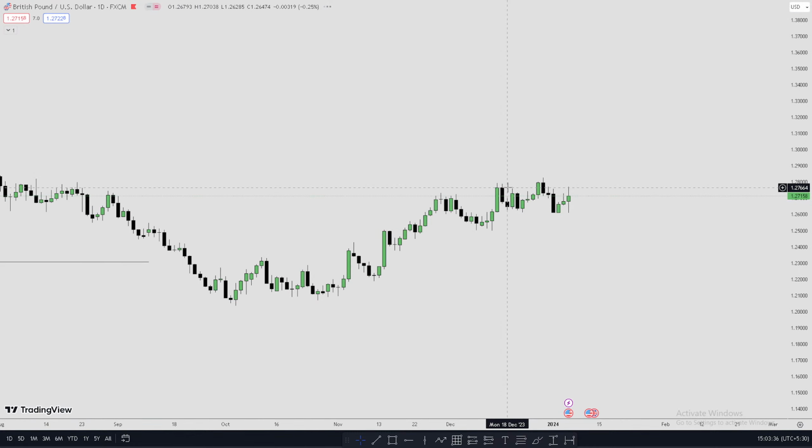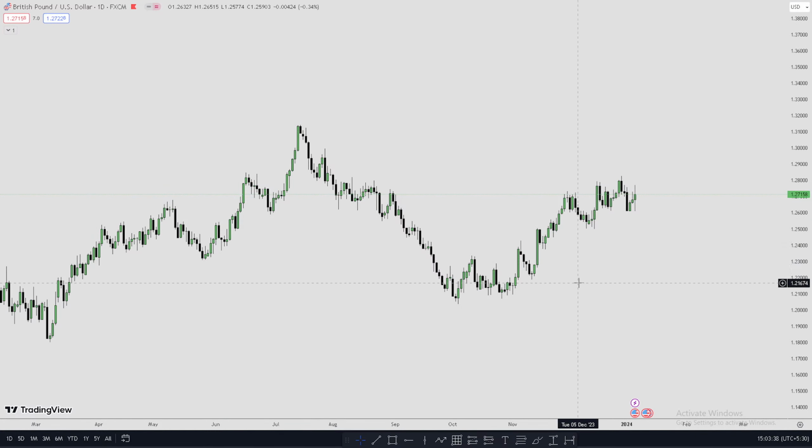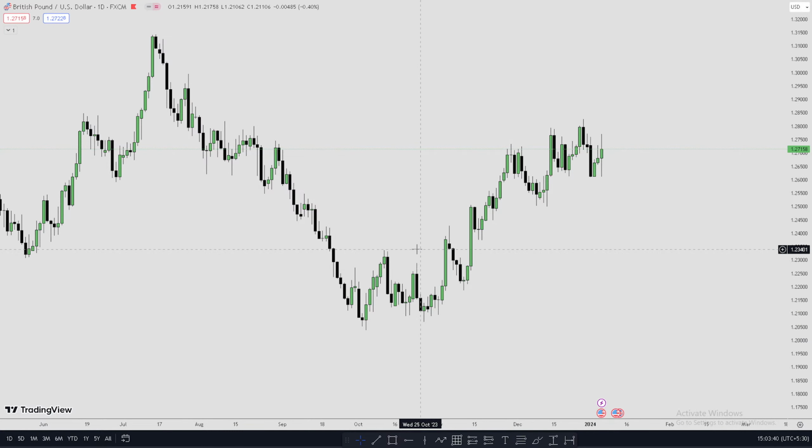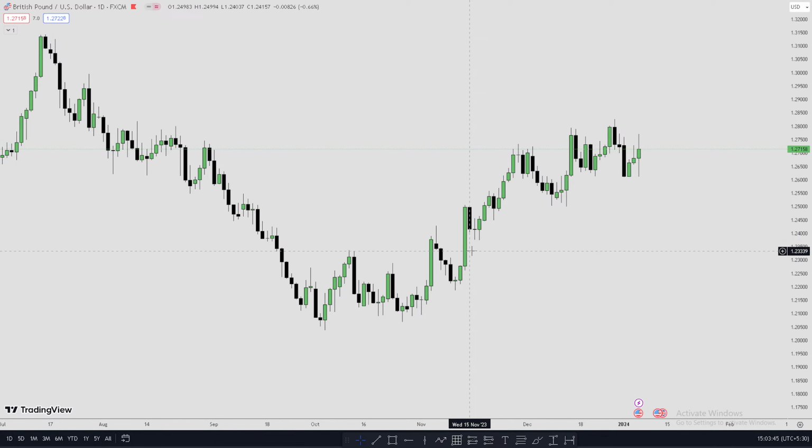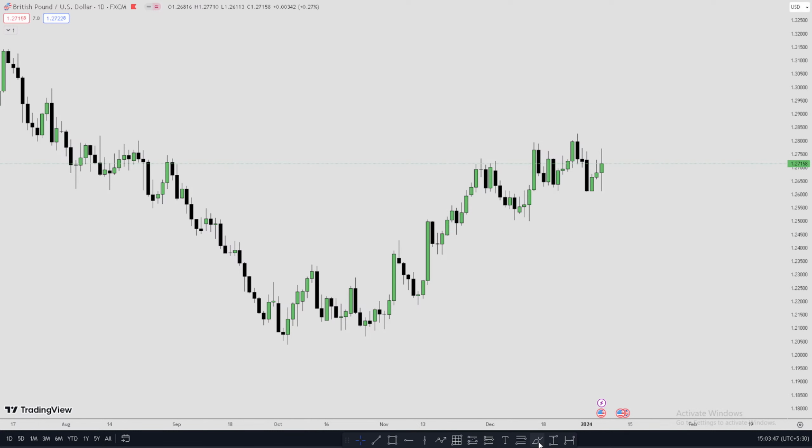So moving on to the one day. It broke up, fair value gap filled, up move. Again it came all the way back to the fair value gap and then moved up.